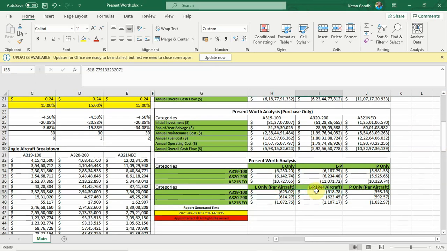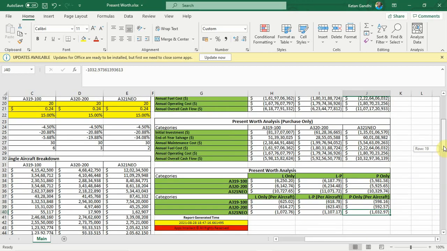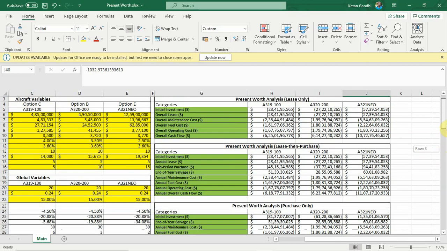Of all this, if you look at it, A321 Neo has the best aircraft present worth based on the annual operating expenses. So if an airline is choosing and wants to know about the present worth in this particular scenario of 5 years of lease and then purchase, then this would give them the present worth.